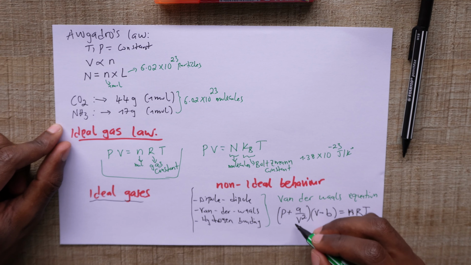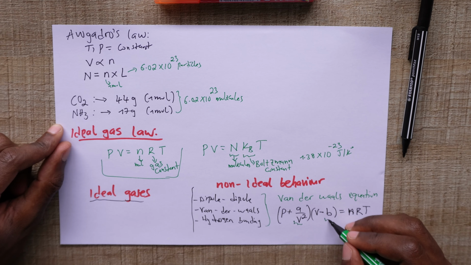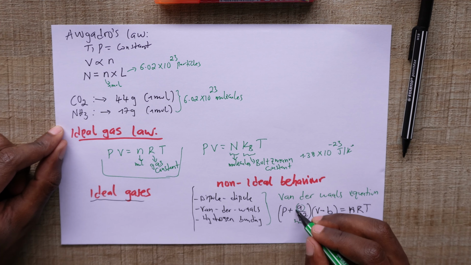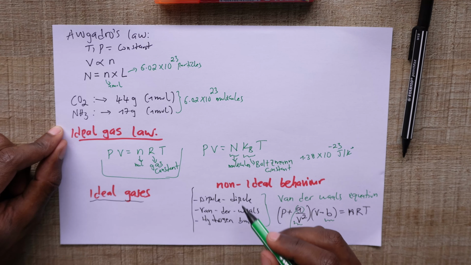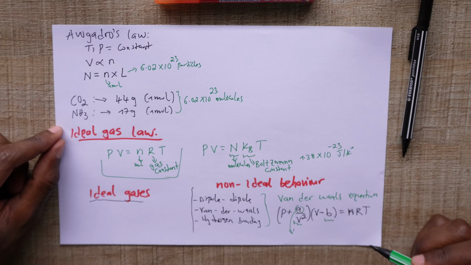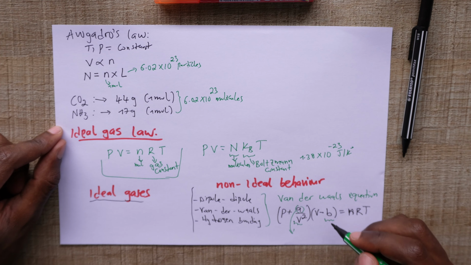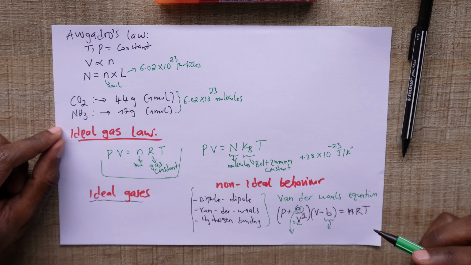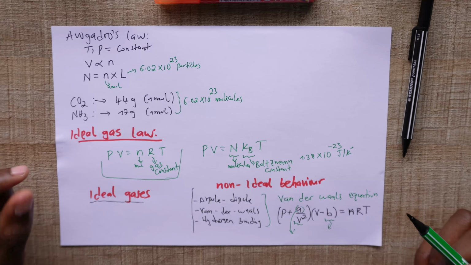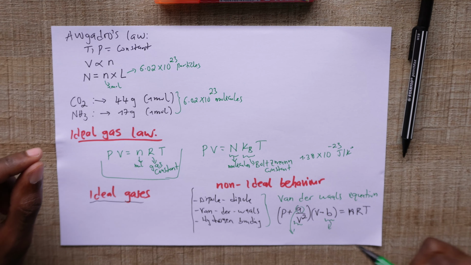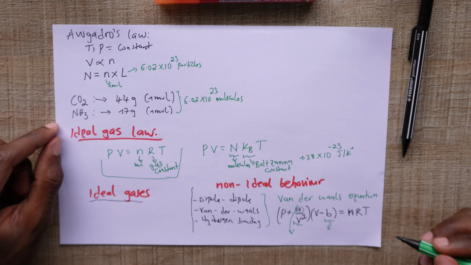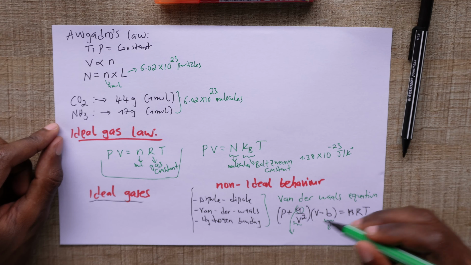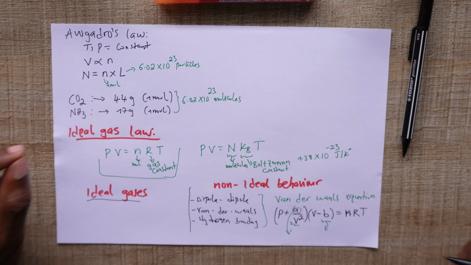We have added, however, two terms in the pressure and the volume. The first term, a, accounts for the intermolecular forces of attraction that I mentioned earlier. And b accounts for the fact that the volume of gases is finite, so we need to account for that in this equation. So this corrects the non-ideality of gases in general.